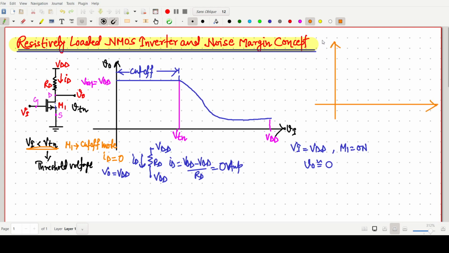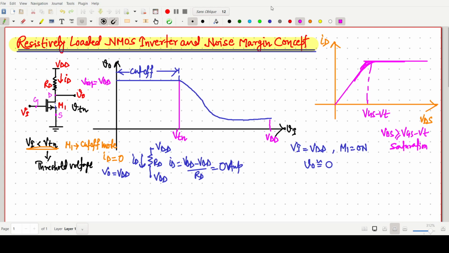I am just drawing the characteristics, that is our ID and VDS characteristics of an NMOS transistor. This point I am saying VGS minus VT. As we know, when VDS is greater than or equal to VGS minus VT, which region is it in? Saturation.